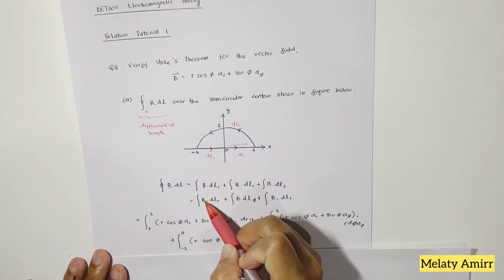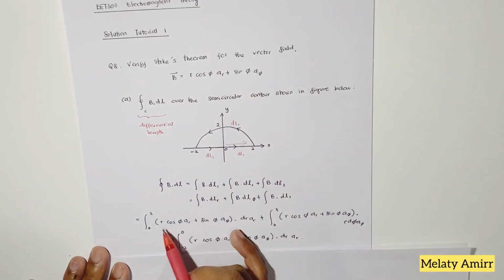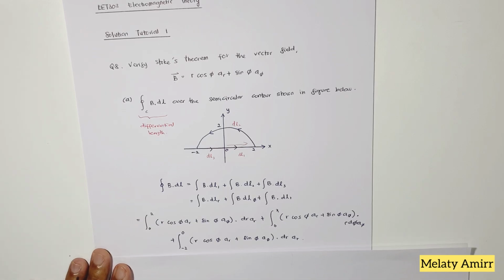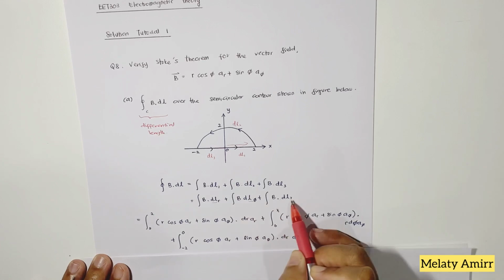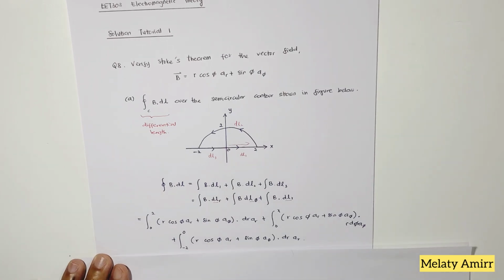So we have vector B. Substitute all the vector B here. And then for dl_r, dl_phi and dl_r here, you need to refer to the table given.